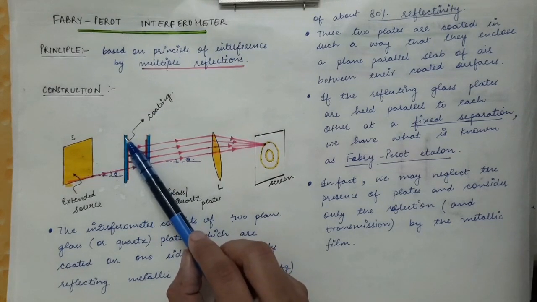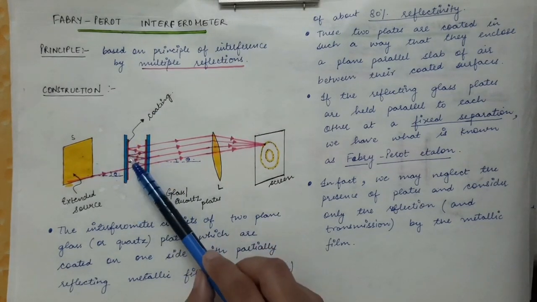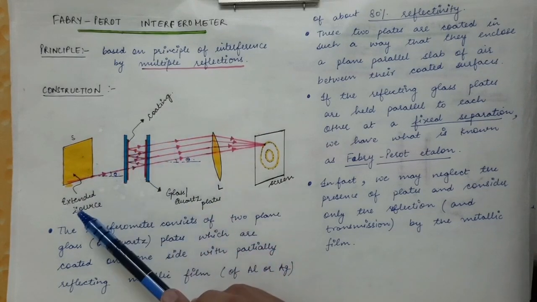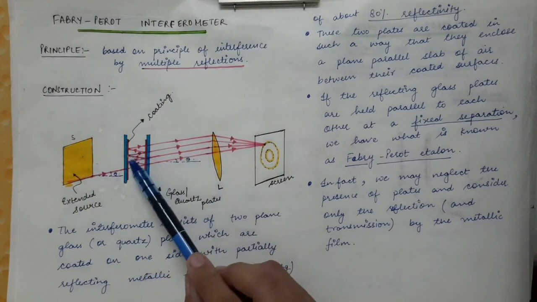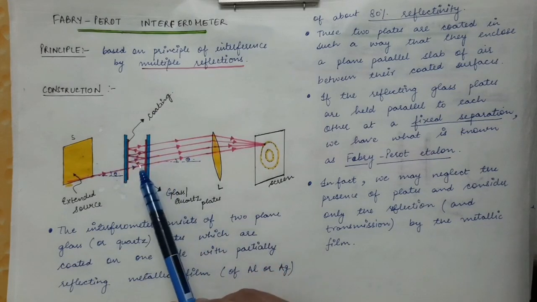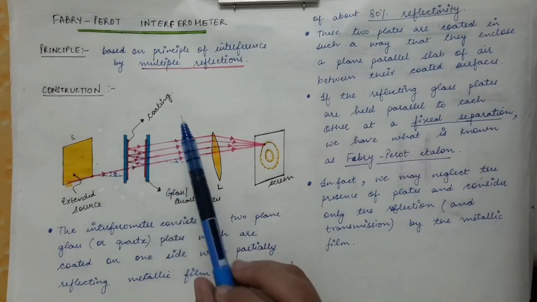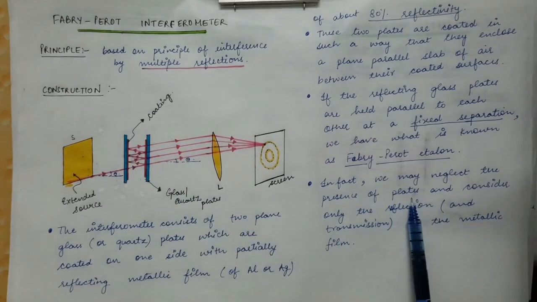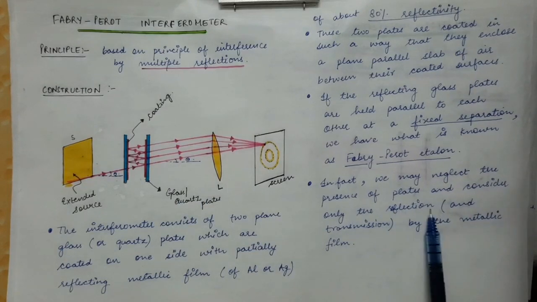So there is no function of the glass plate; the function is only of the coating. The reflection and transmission occur only from that coating. So we may neglect the presence of the glass plate and consider only the reflection and transmission by the metallic film.